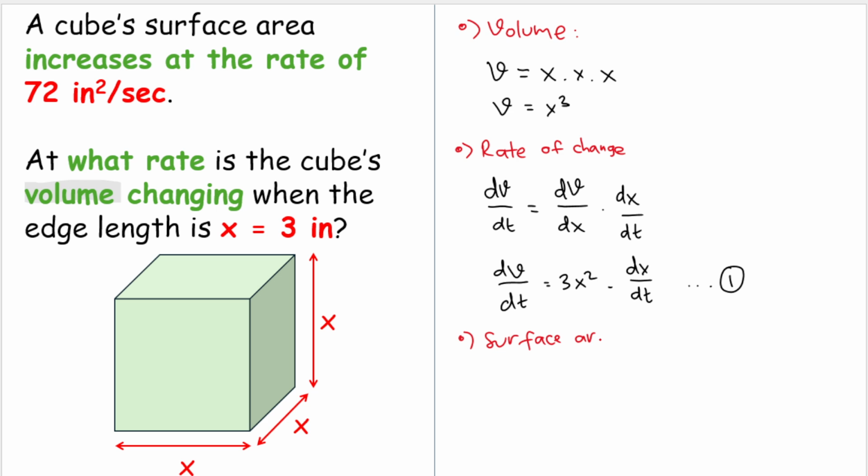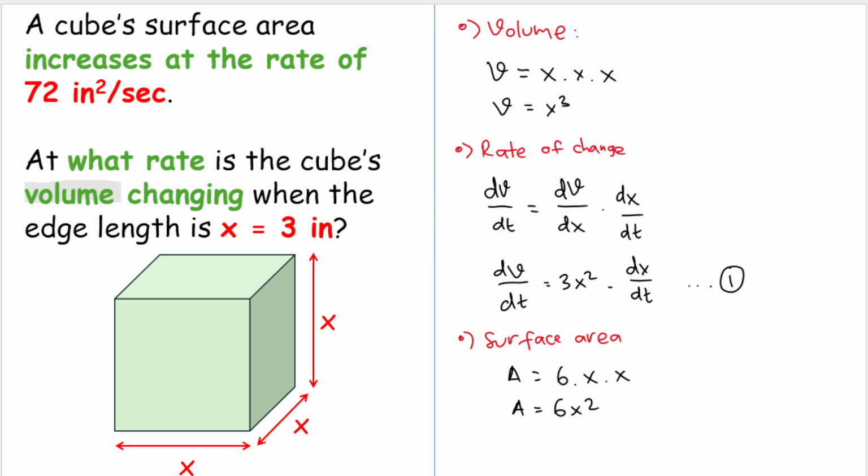Okay, and what is the surface area? I denote it as A here, and a cube consists of 6 squares, right? So we will have 6, and the area of each square is x times x, and therefore the area is equal to 6x squared.